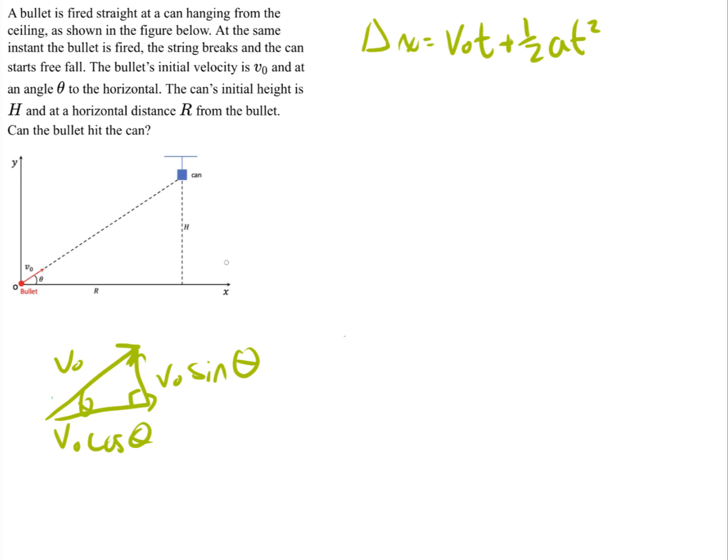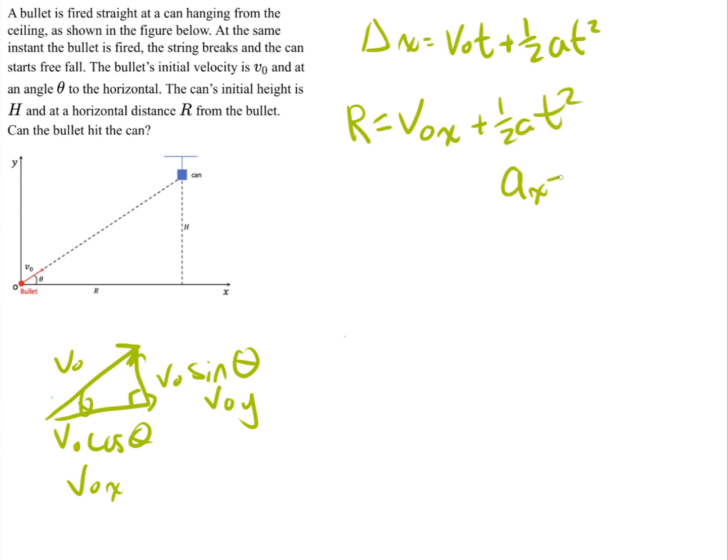In the case of the change in x, the displacement in the horizontal x direction, the horizontal displacement is simply r, the horizontal distance r. That is equal to the initial velocity in the x direction, which is the initial velocity times the cosine of theta, plus 1/2 a t squared, acceleration.